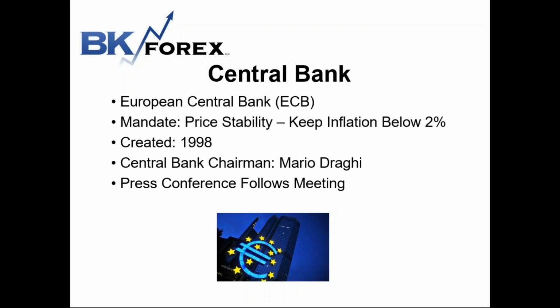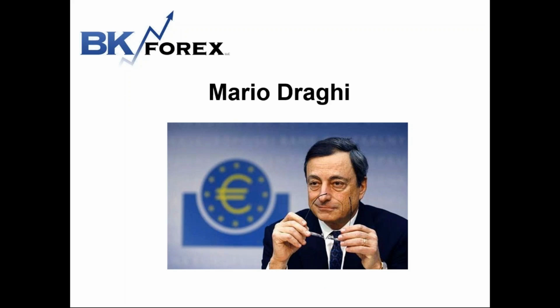Unlike the Federal Reserve, who has kind of an esoteric price stability, sustainable full employment target, the ECB's goal is to keep inflation below a very specific amount, 2%. So that provides a very specific metric for all of us to focus on.